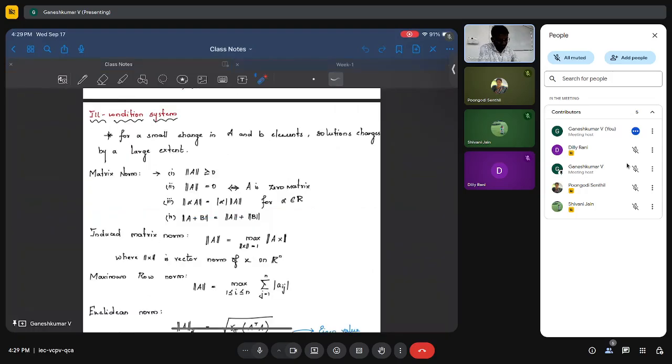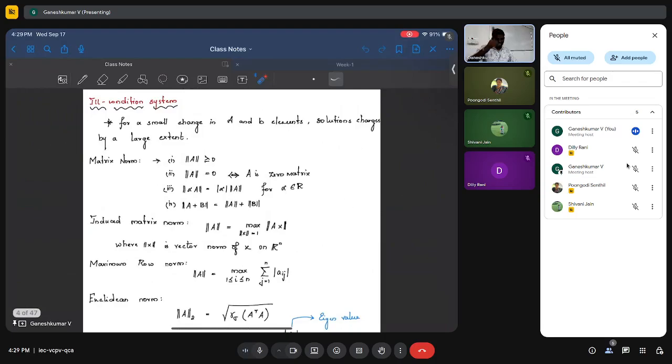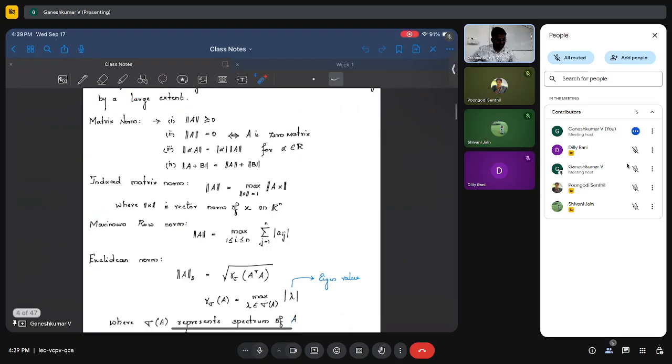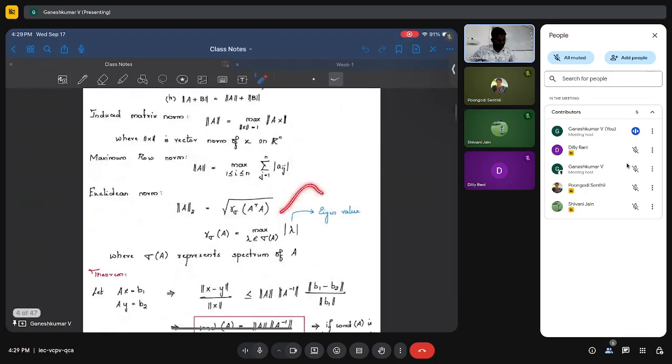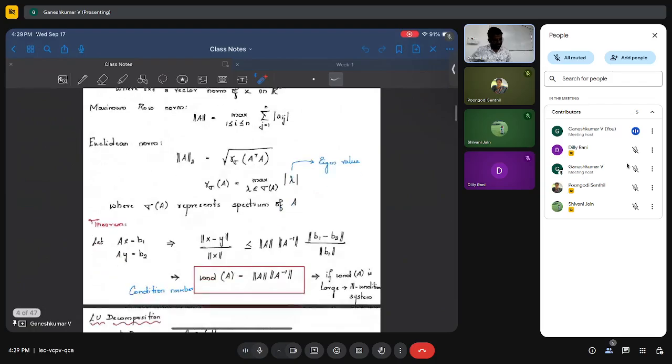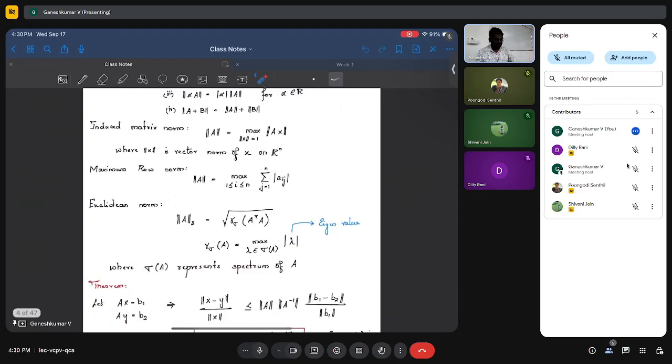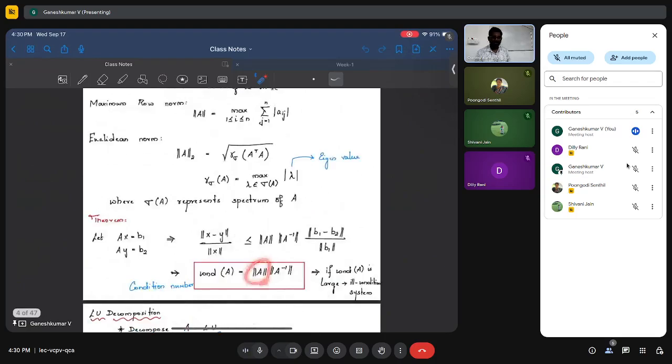Okay. So as I said, we need to find a condition number, and before that we introduced certain norms, matrix norms, induced matrix norm, and then Euclidean norm, and then finally we saw this condition number. Condition number we can express in terms of A and A inverse, using the max row norm of A or A inverse. It doesn't really need to be one particular norm. Here, the norm of A multiplied by the norm of A inverse is what we call the condition number.